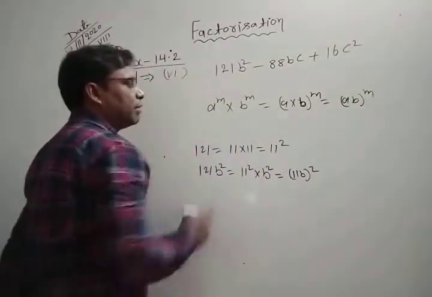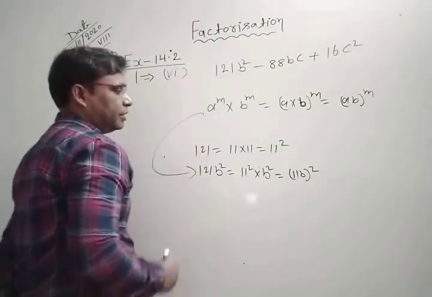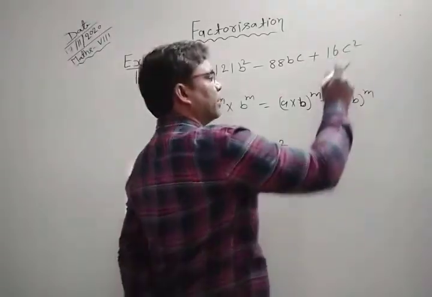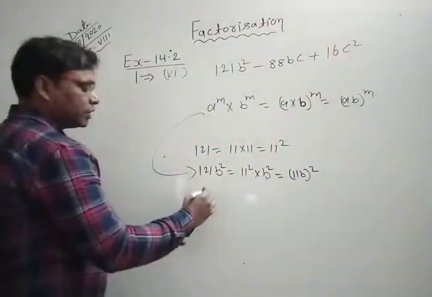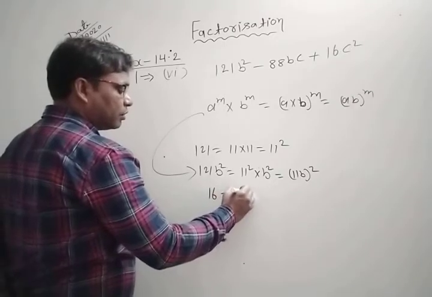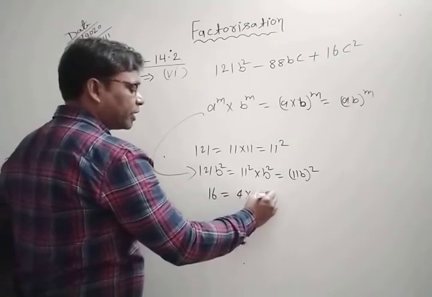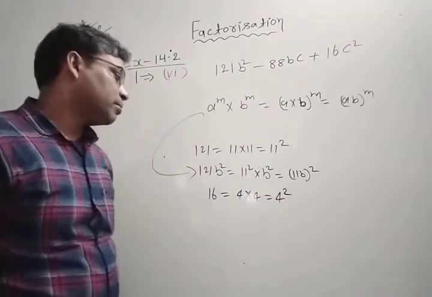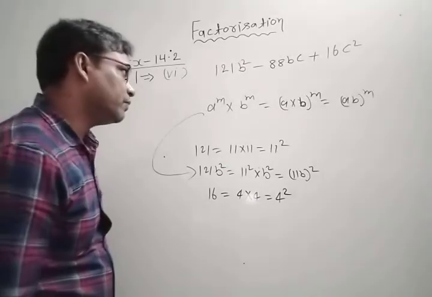So according to this law of exponents, we can write this. Now again here is given 16 c square. 16 is equal to 4 into 4, you can write it as square of 4.